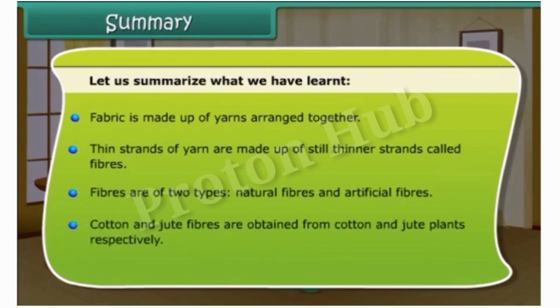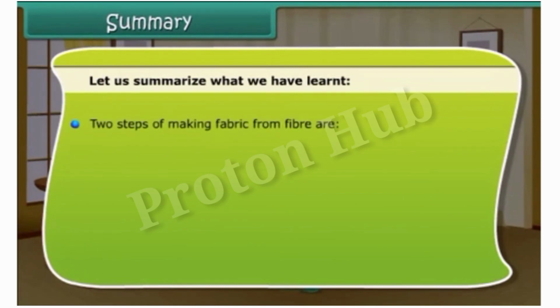Cotton and jute fibers are obtained from cotton and jute plants respectively. Two steps of making fabric from fiber are: 1. Making of yarn from fiber. 2. Making of fabric from yarn.